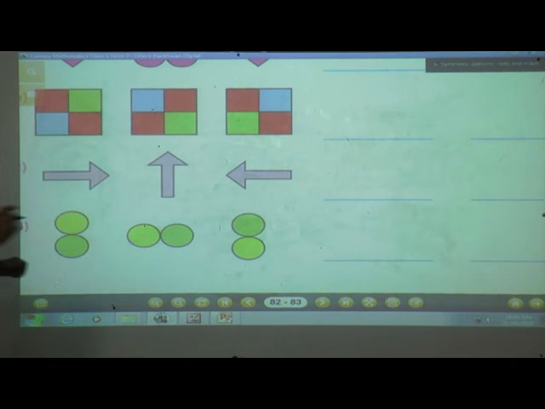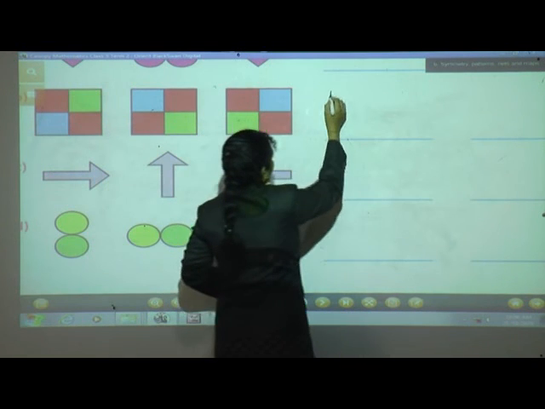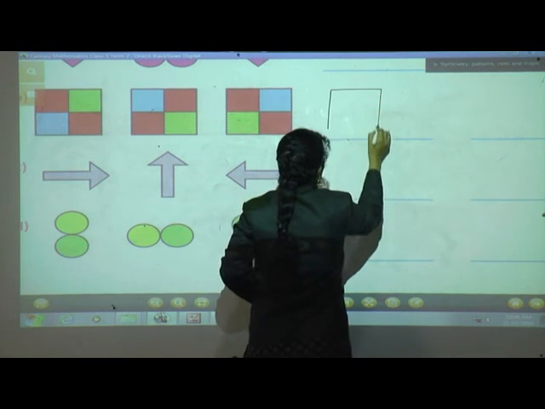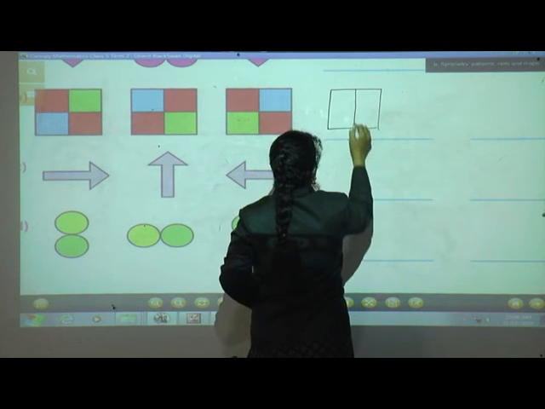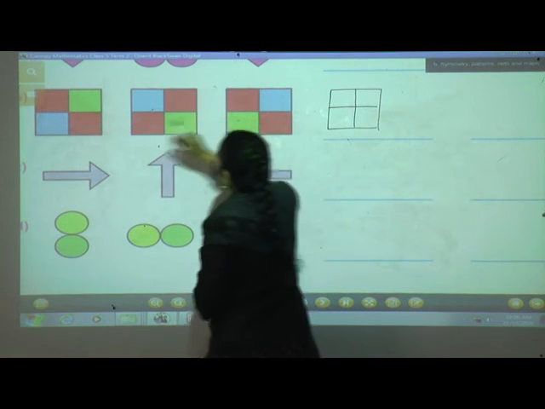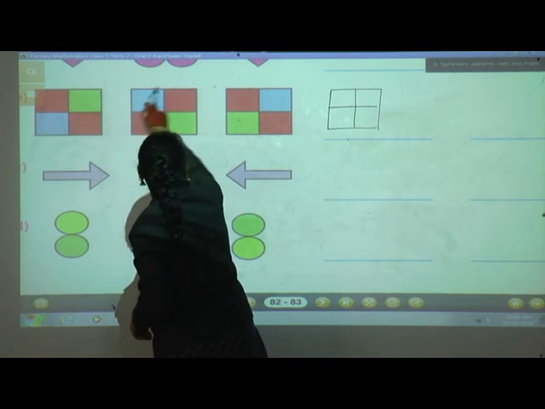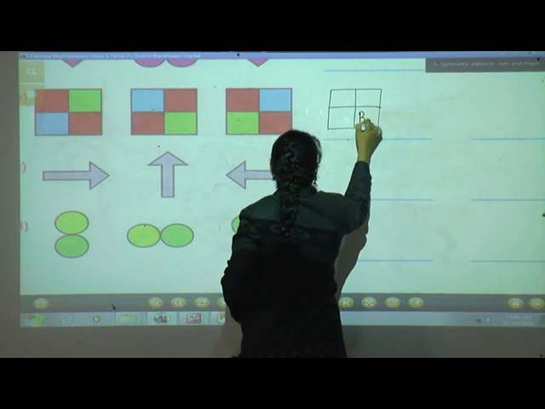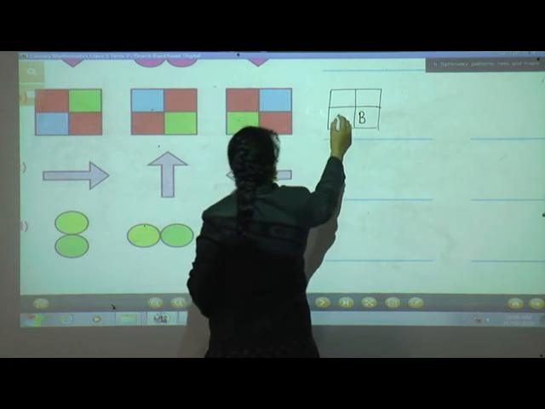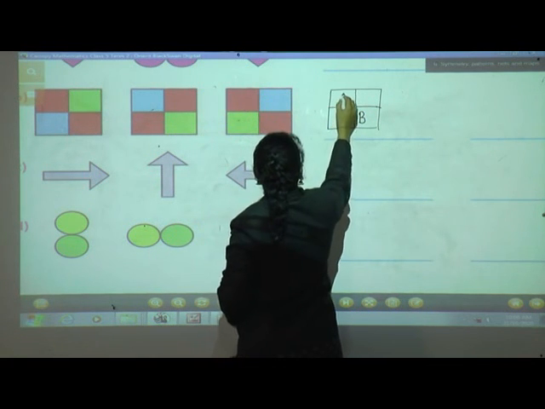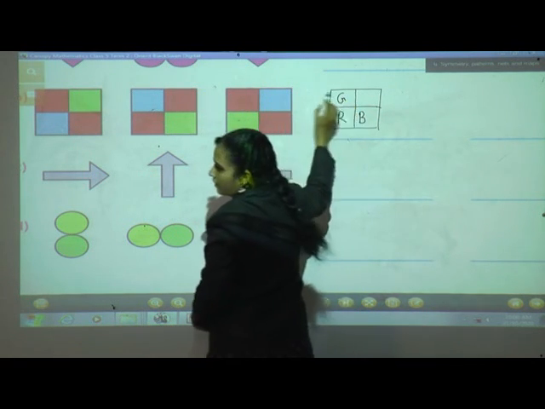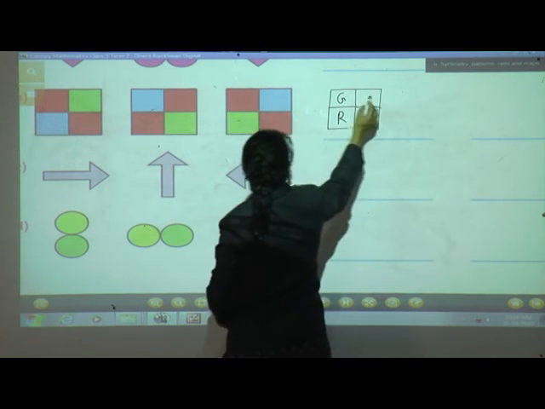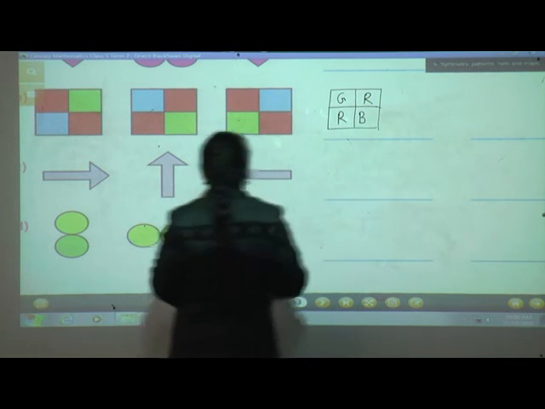Okay, so in the next pattern, where will the blue color be? See, here, then here, and then here. That means the blue color will come here, and here red color, again here green color, and here red color.